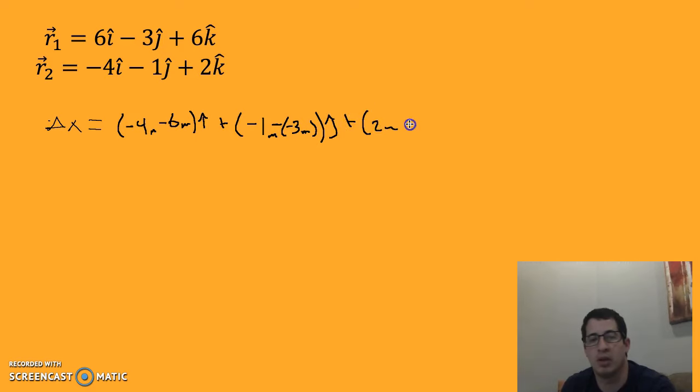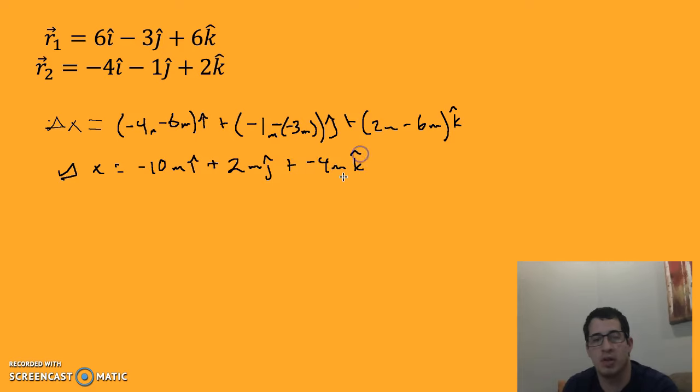So 2 meters minus 6 meters for k. Alright, we simplify it all, and we get displacement equal to negative 10 meters i plus 2 meters j plus negative 4 meters k.